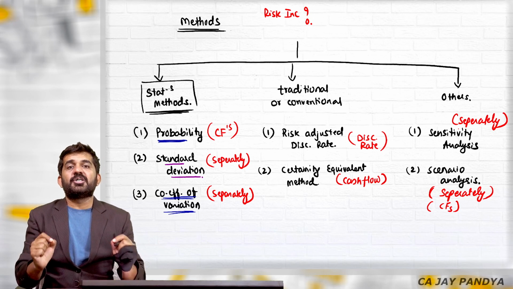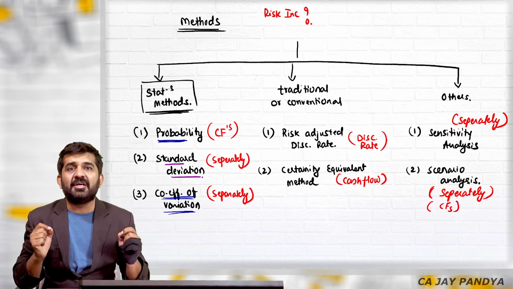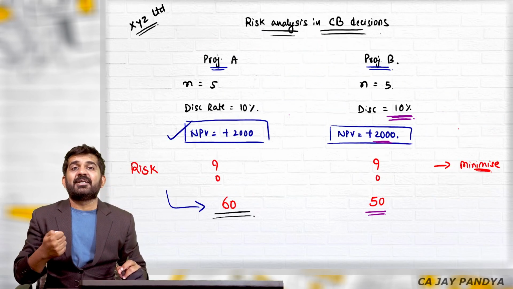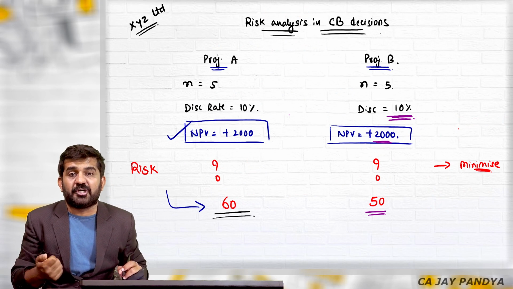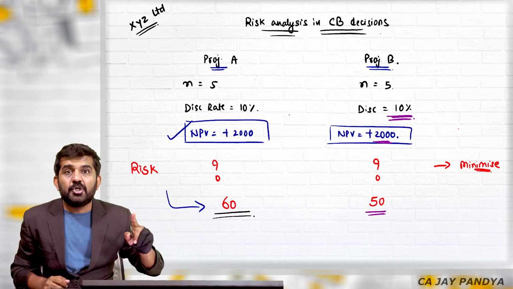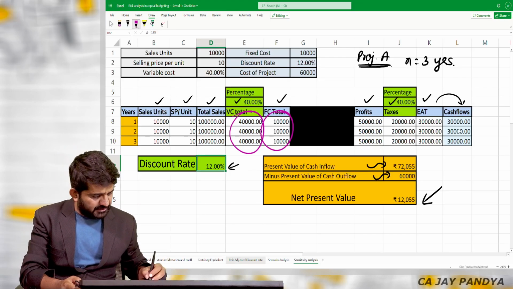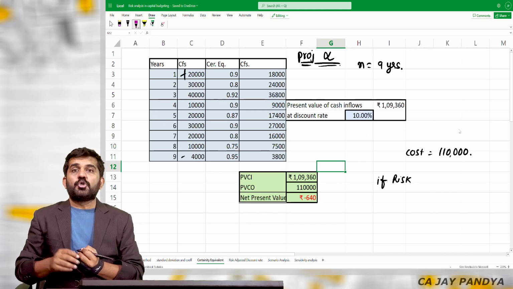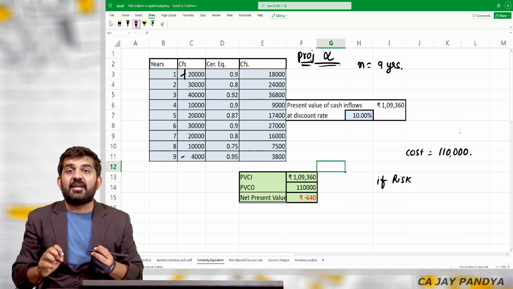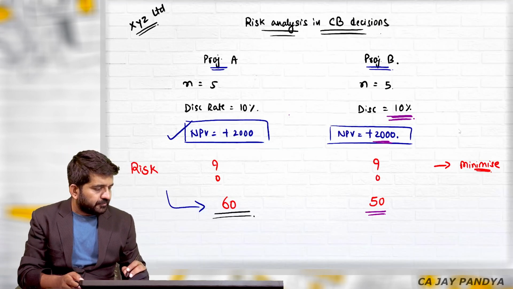This is the understanding of risk analysis in capital budgeting decisions. First, we understood why risk in capital budgeting decisions is important. In one of the decisions I told you that it changes the decision. In certainty equivalent we did this: you should not accept the project if you consider the risk, and you should accept the project if you don't consider the risk.